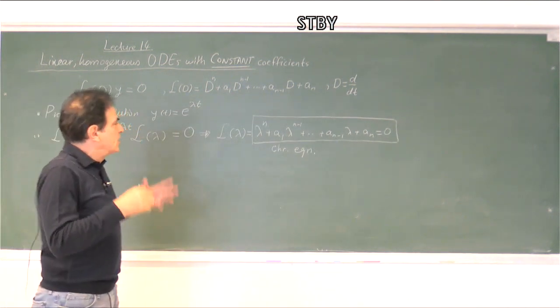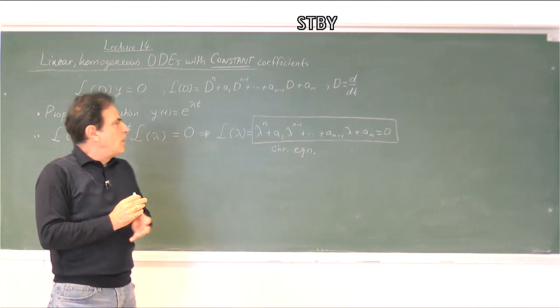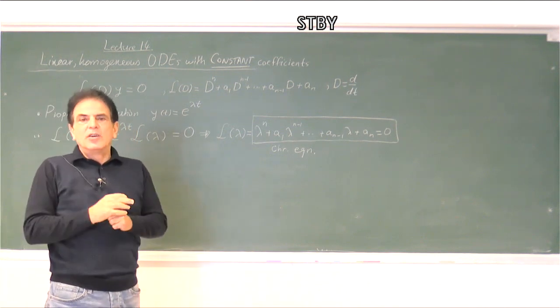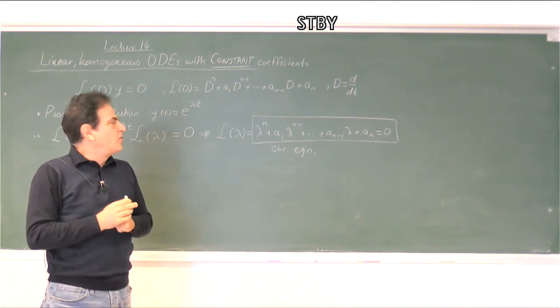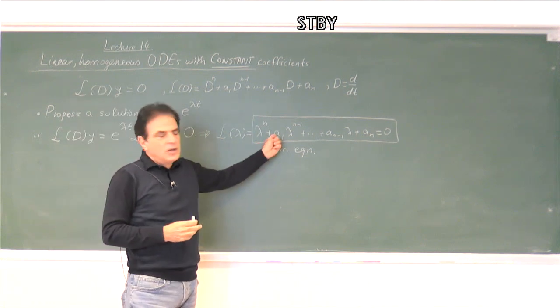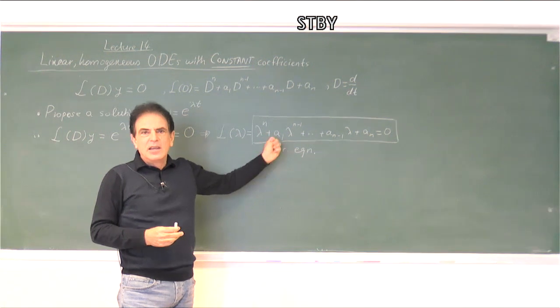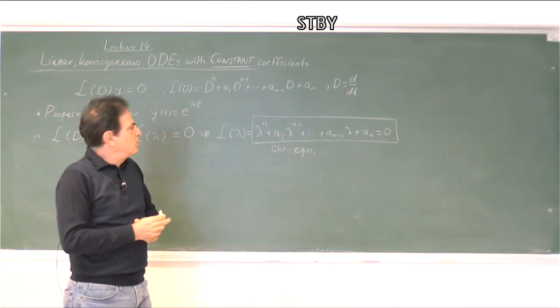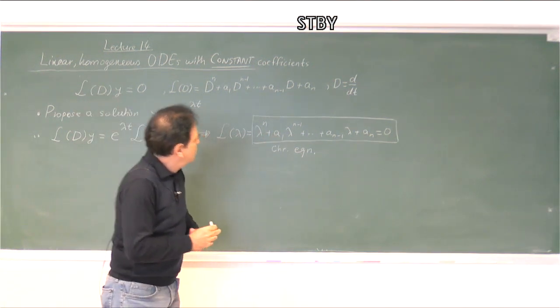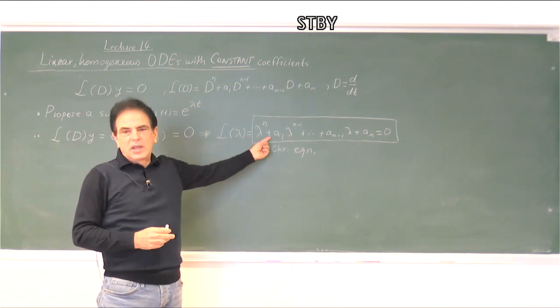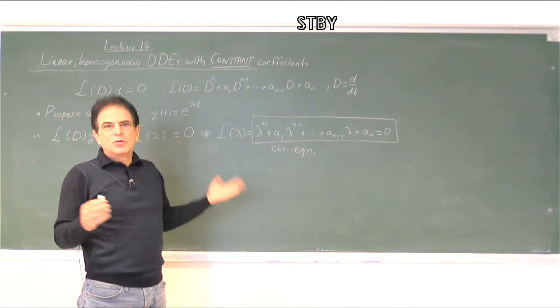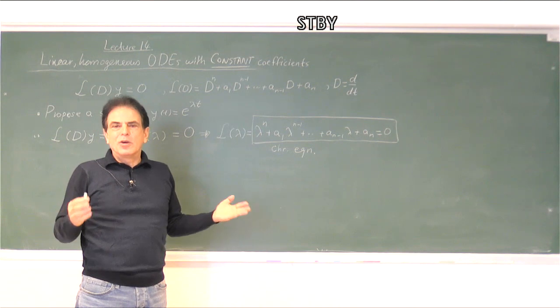We talked about some general, very well known results about the roots of such a polynomial equation of degree n. To sum up, we expect totally n roots. These roots may be real or complex.